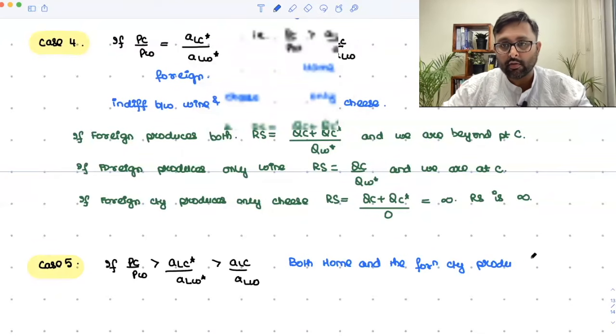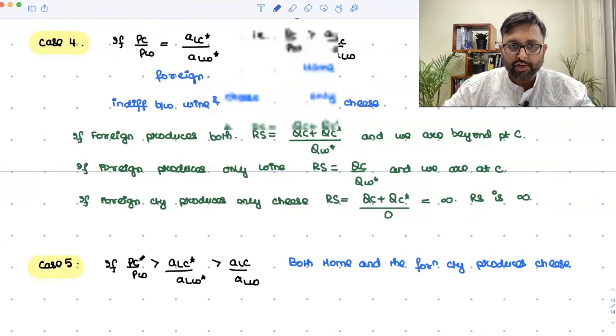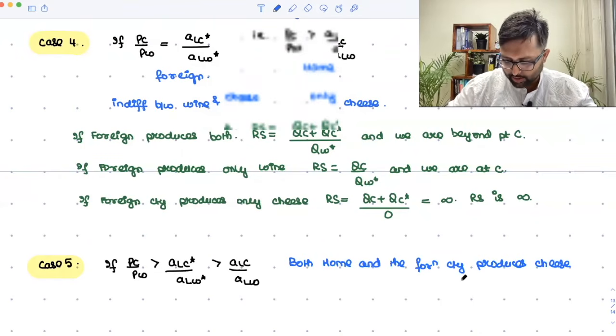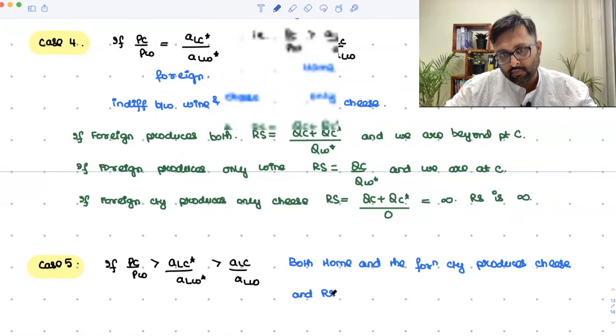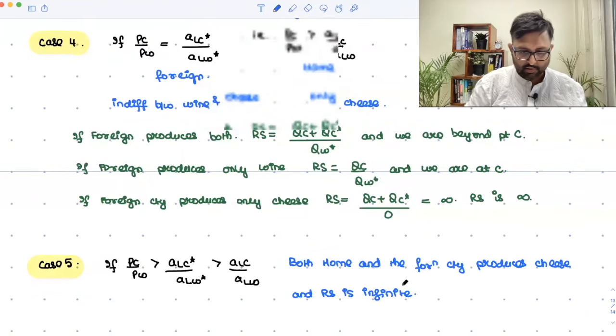Why wine? Produces cheese. The relative price of cheese is greater than the opportunity cost of cheese, so it will be producing only cheese, right? And RS is infinite.